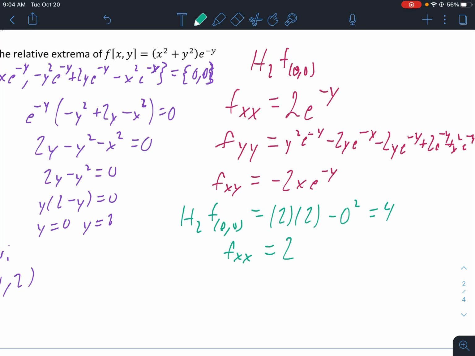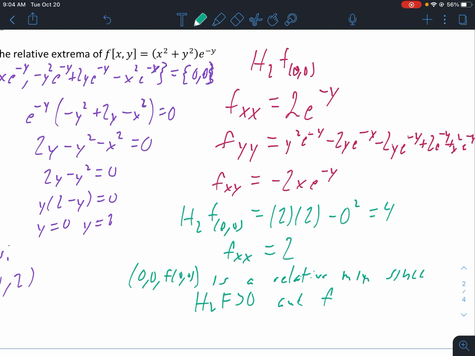That tells us that (0, 0) has a relative min. So (0, 0, f of 0, 0) is a relative min. And just like you did in BC, explain why: the Hessian is positive, and the second partial derivative with respect to x is also positive.